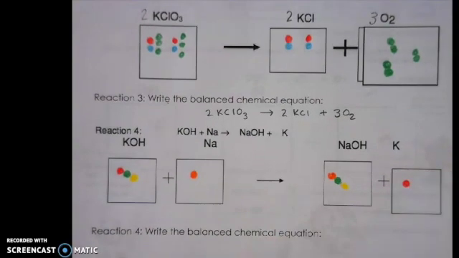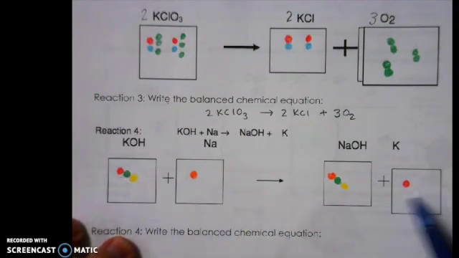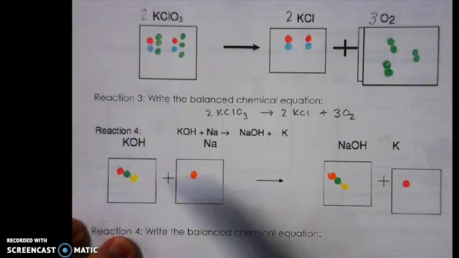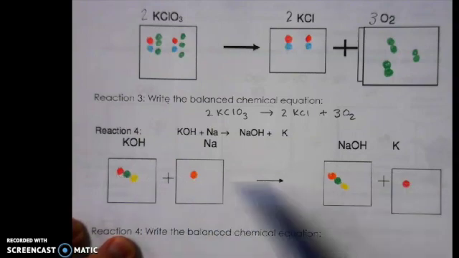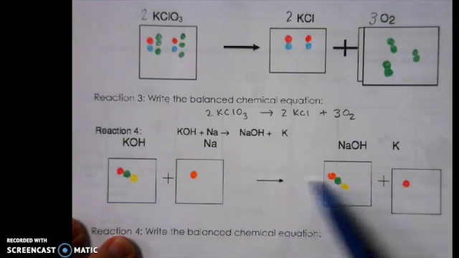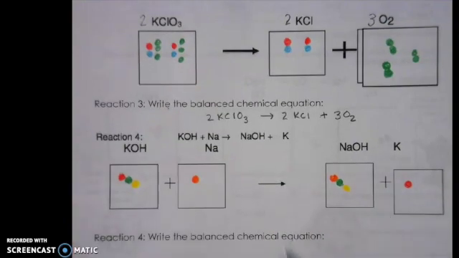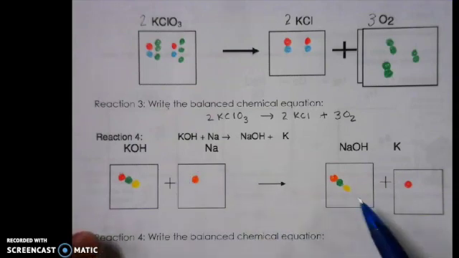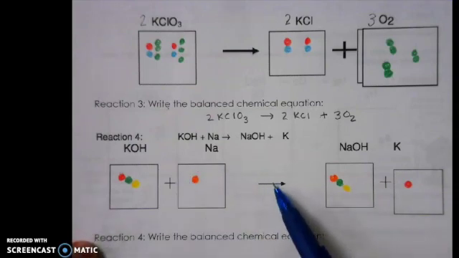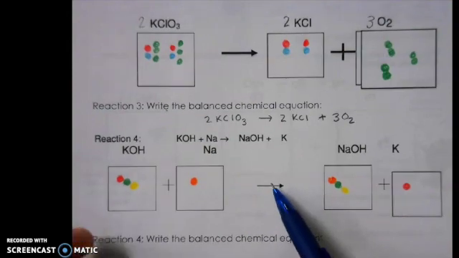So if we look at this, this is a really good example of a chemical reaction because we can see we're already balanced. We have one potassium, one sodium, one oxygen, one hydrogen, and all we did was we rearranged the atoms. So a chemical reaction rearranges the atoms.